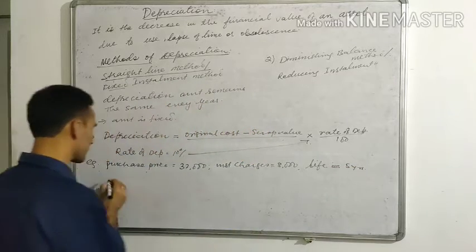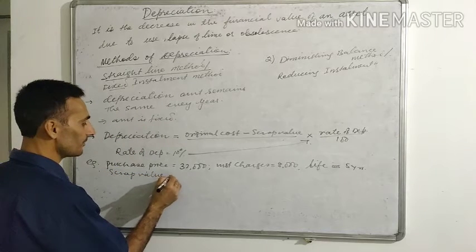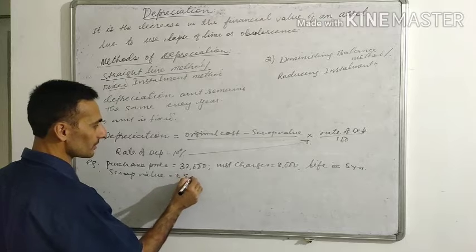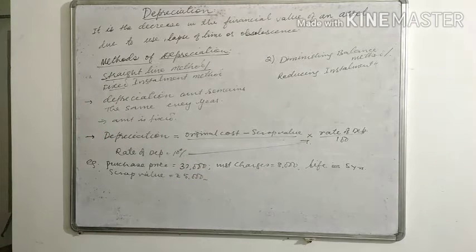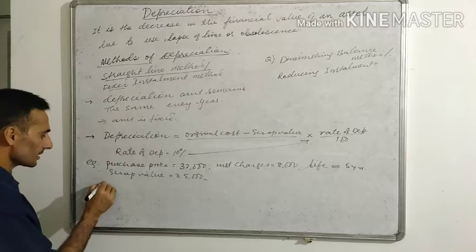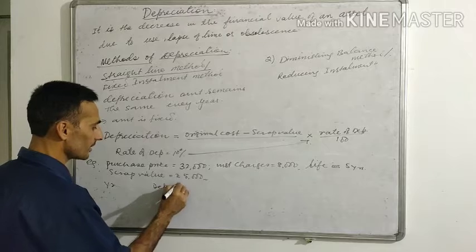Okay, and then the scrap value of this asset after 5 years is say 5,000. Then how do we calculate the depreciation? Say here depreciation calculation.